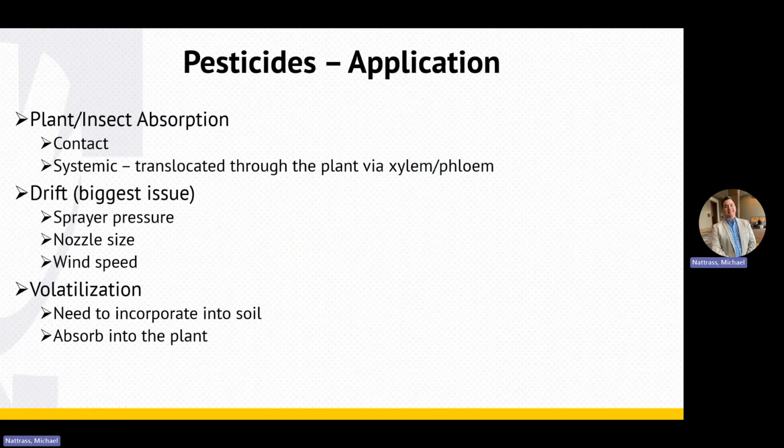Otherwise, what we really want to apply is a systemic. The thing about a systemic herbicide, or it can be an insecticide or fungicide too, is that the chemical gets on the plant, gets absorbed into the plant, and then is translocated throughout the plant by the xylem and the phloem.